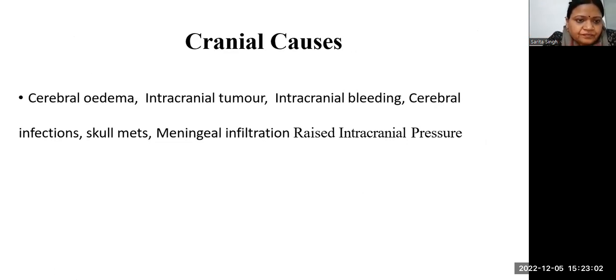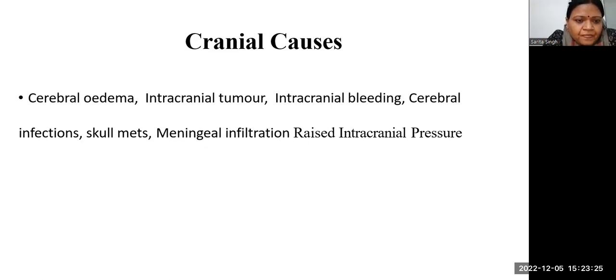Next. Cranial causes: increased cerebral edema, intracranial tumor, any metastasis, anywhere, anyhow, if there is increased ICP, then it can cause vomiting. Especially these types of patients can produce vomiting in the morning time.